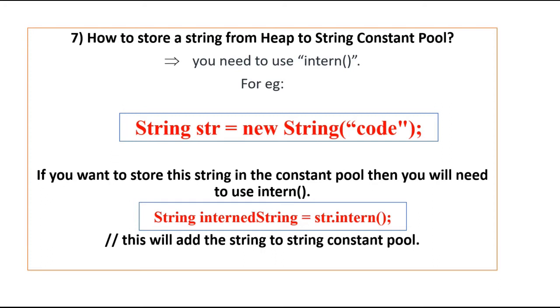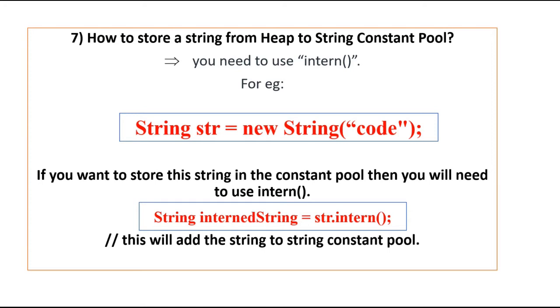Next question, how do we store a string from the heap in the string constant pool? By using the intern method of the String class, we can store the heap memory value in the string constant pool.